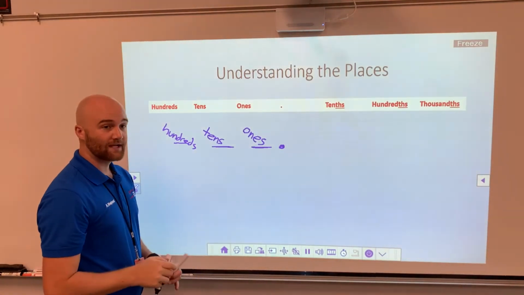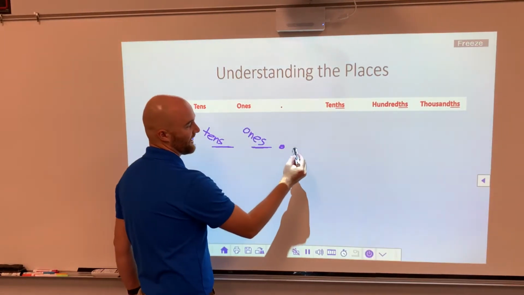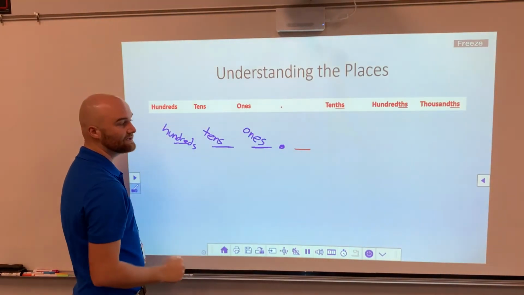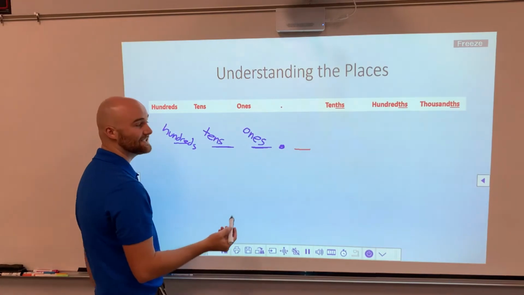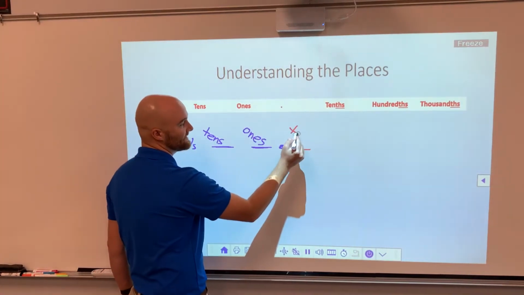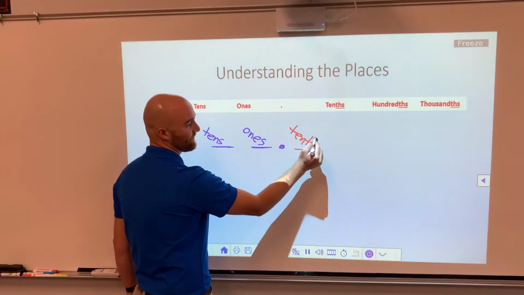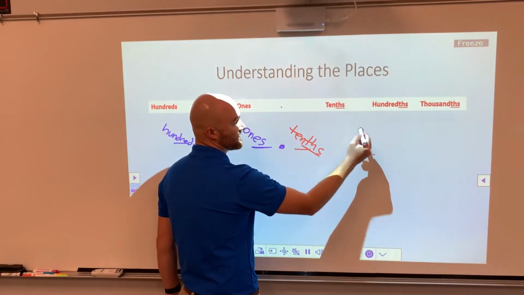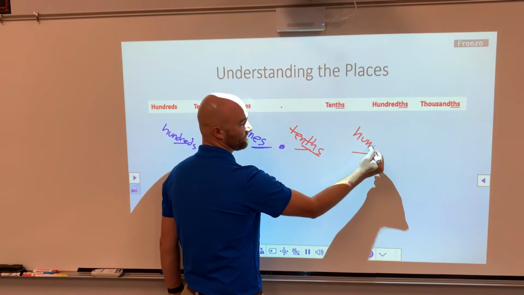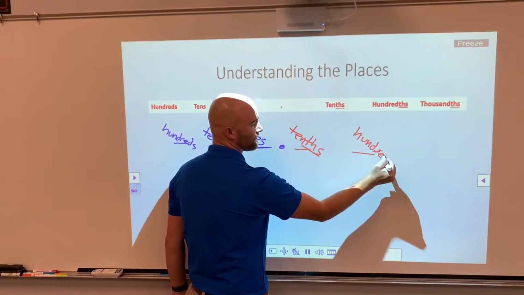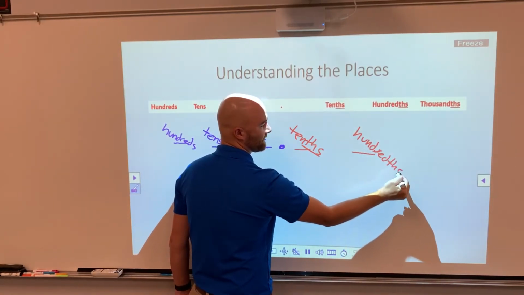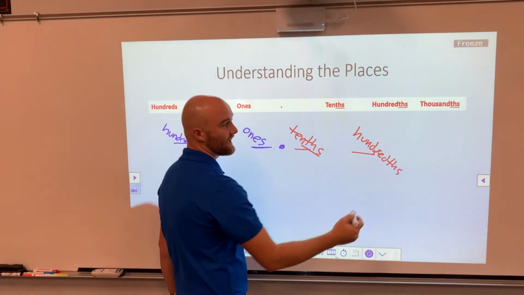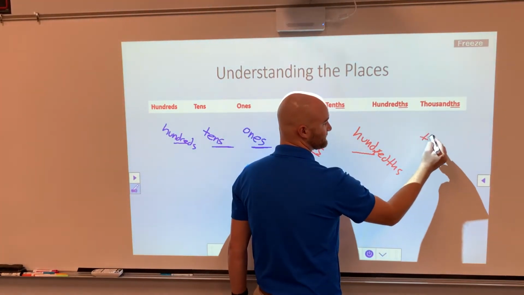Instead, on the right, I would have, after ones comes a ten, but because it's on the right of the decimal, it adds a ths. This is the tenths. Then our next one is the hundredths. Then after the hundredths, I have the thousandths.